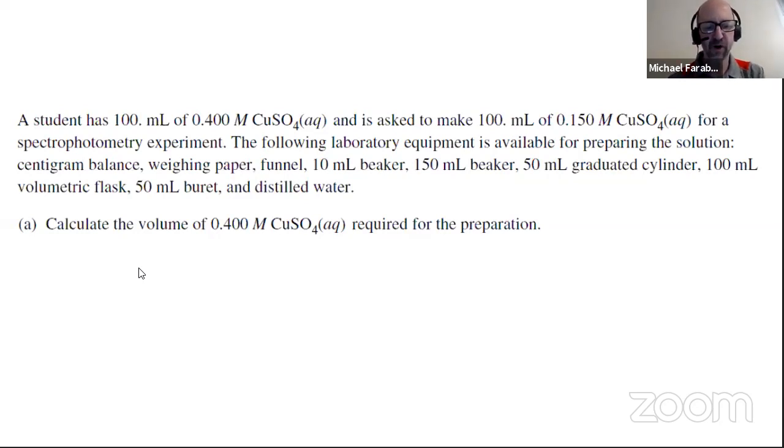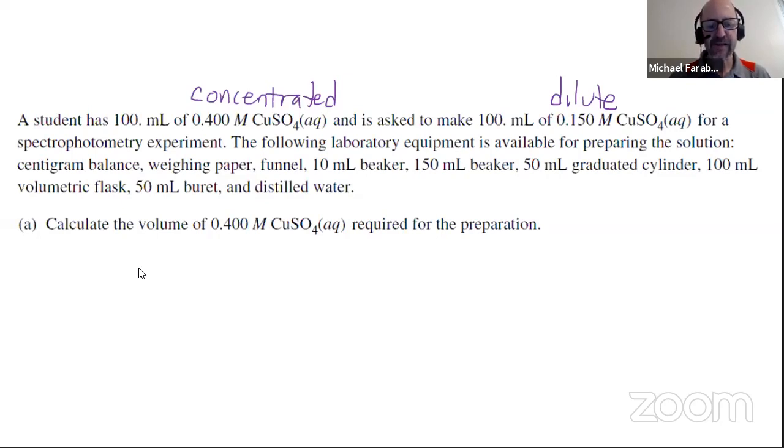So I'm going to go ahead and call this solution concentrated, and I'm going to call this solution dilute. So at some point, we have to figure out how much of this concentrated solution we need to prepare 100 milliliters of the more dilute solution at the lower molarity.